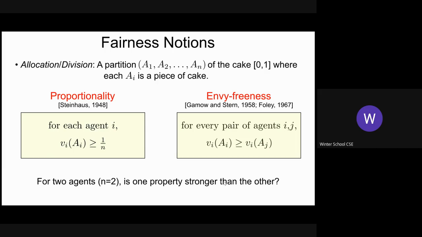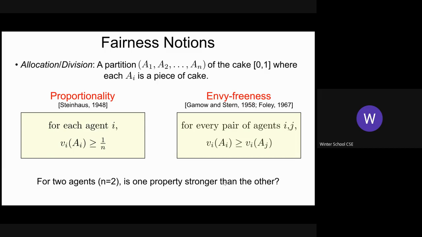Why? You're using normalization. Right, so if I am agent i, and I only have two pieces in front of me, one is my own, the other is agent j's piece. These two things sum up to exactly 1, and my piece is at least as good as the other, so it better be a value of at least half.